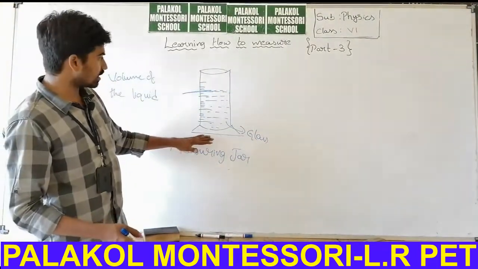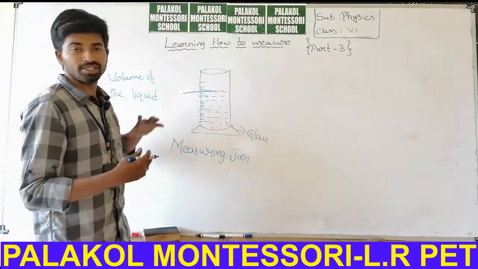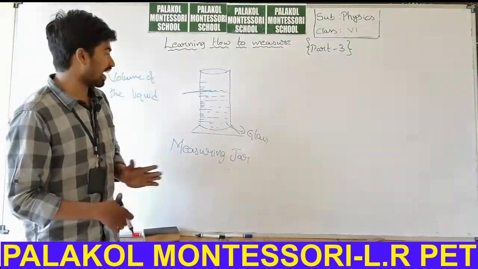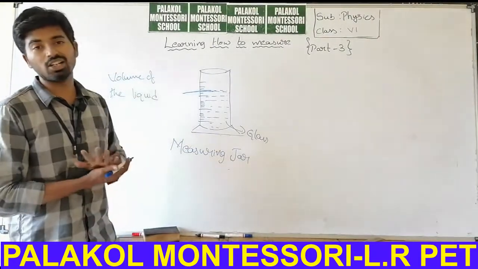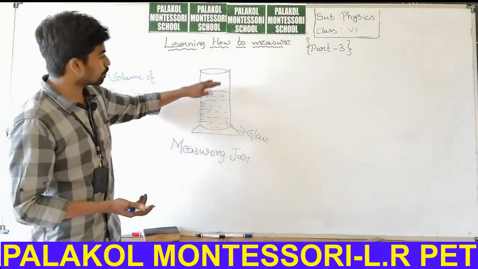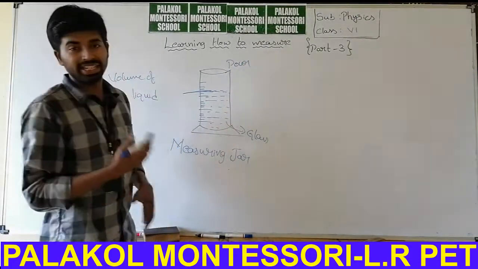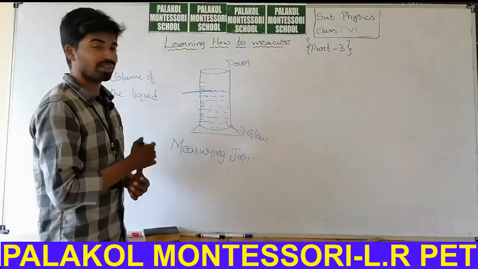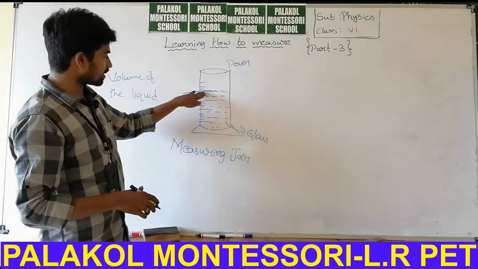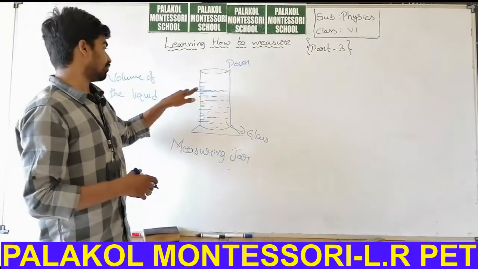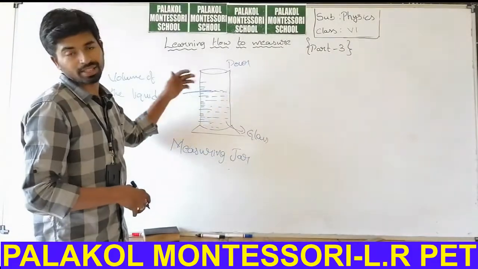Measuring jars are mostly available in the shape of cylindrical vessels, and the surface level shows readings in the measuring jar.